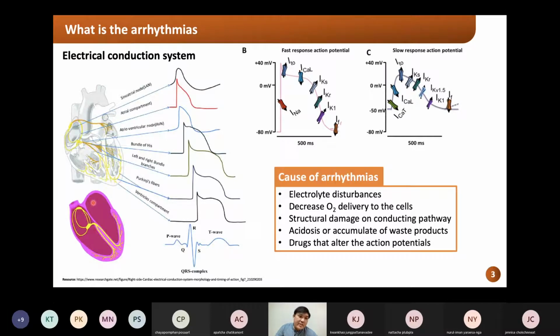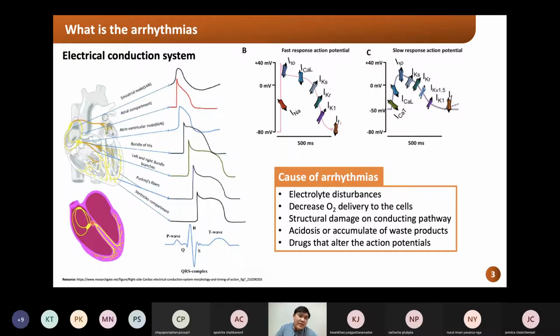The first to generate the electricity in our heart is the SA node, the sinoatrial node, located in the right atrium below the SVC, right? After that, the electricity spreads through the atrium from right to left, and then gathers together again at the AV node, or atrioventricular node.